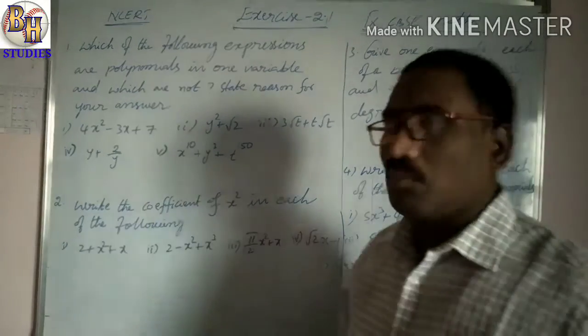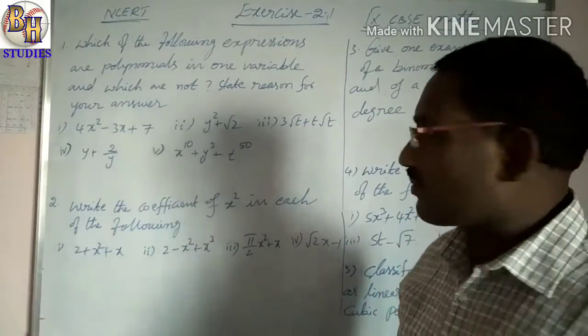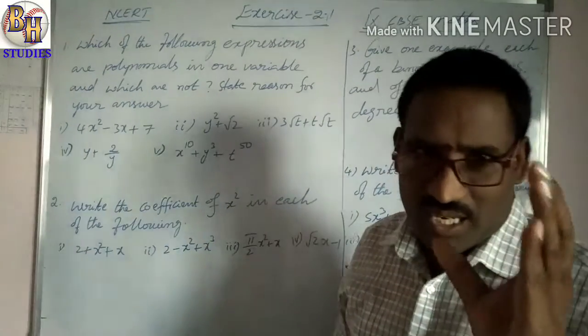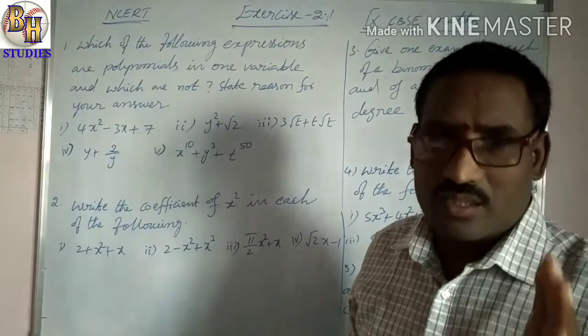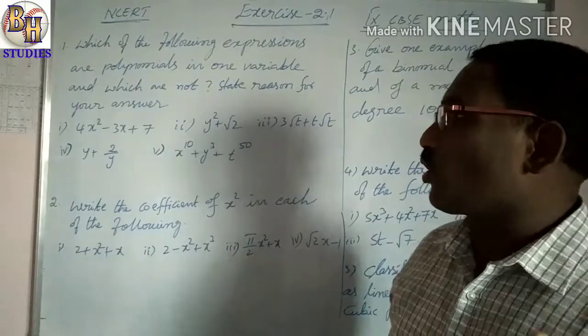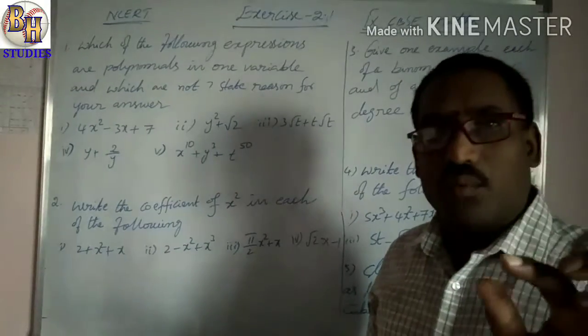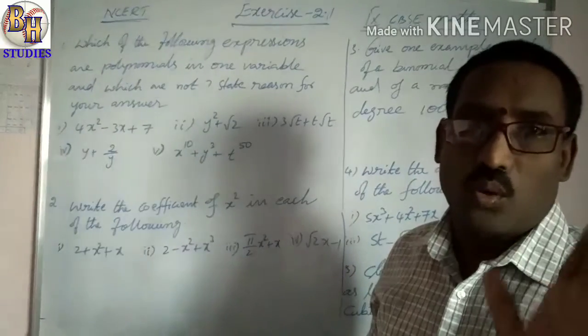Simple thing. Polynomial is already discussed. Polynomial means an expression containing one or more terms, and the exponent of the variable is a non-negative integer. Here see, the power of the variable should be a whole number.